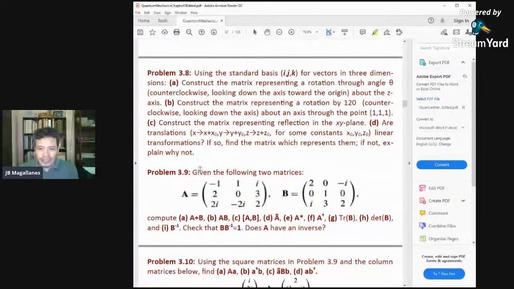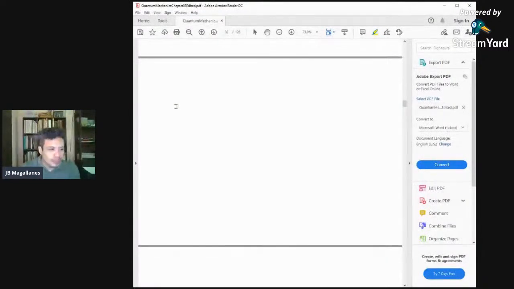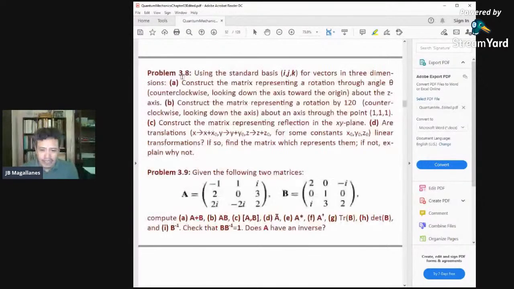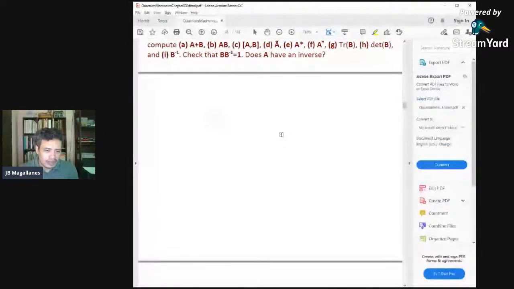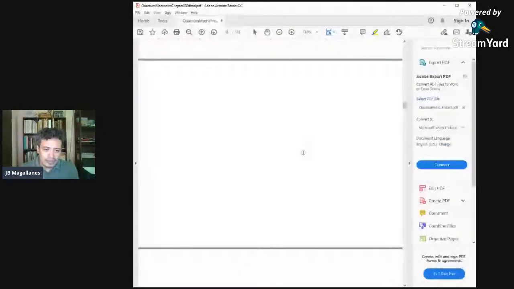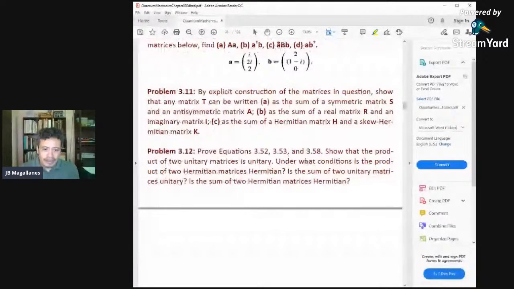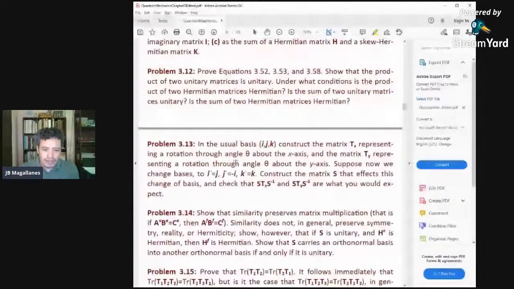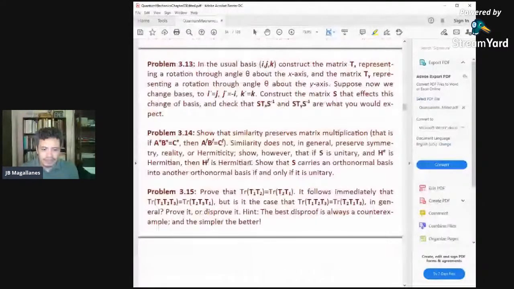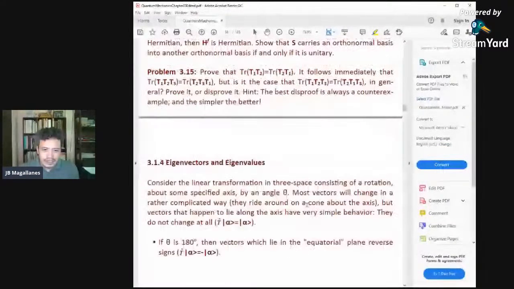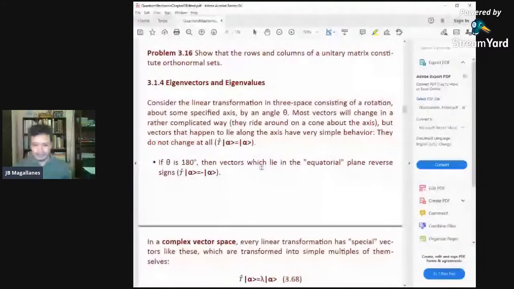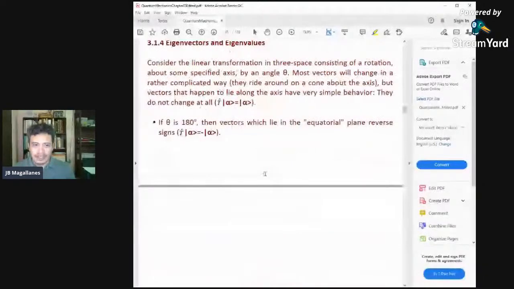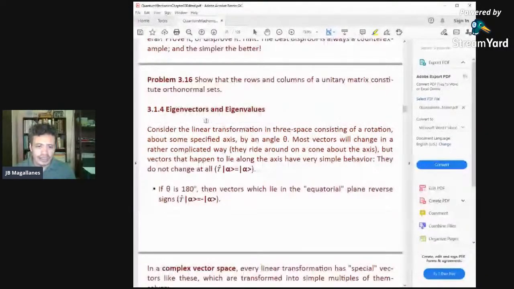So it's practice for you. Problems 3.8 and 3.9. And of course, you can also do 3.10 if you want, 3.11, 3.12, 3.13, 14, and 15. So let's discuss these eigenvectors and eigenvalues in the next meeting.